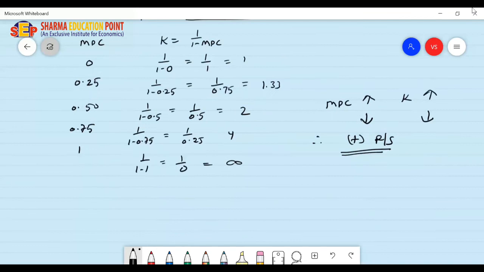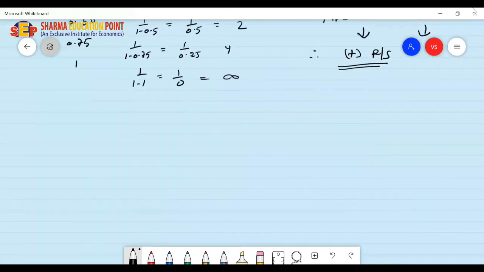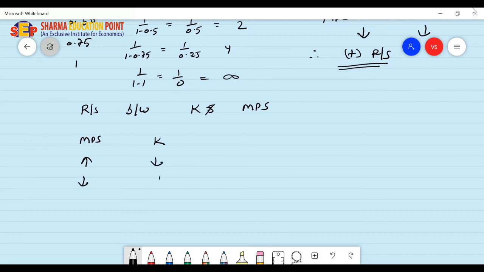Another example for this is, what is the relationship between multiplier and MPS? Here, if we take the values of MPS and K, if MPS increases, then the value of K will decrease, and if it decreases, K will increase.